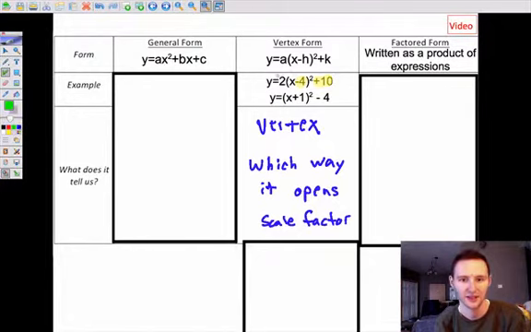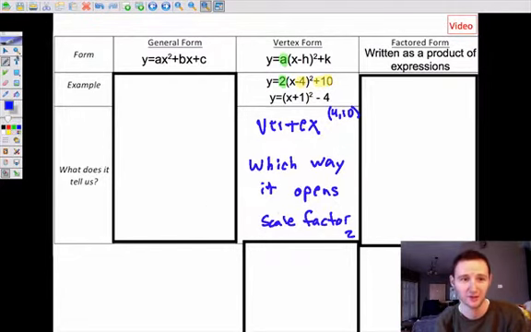And that scale factor is right there, a. You've seen that before too with the different transformations you've done. In this case, we would have a scale factor of 2, and we have translated this to the right 4 and up 10, giving us a vertex of 4, 10, and a scale factor of 2 if we're just looking at this example.